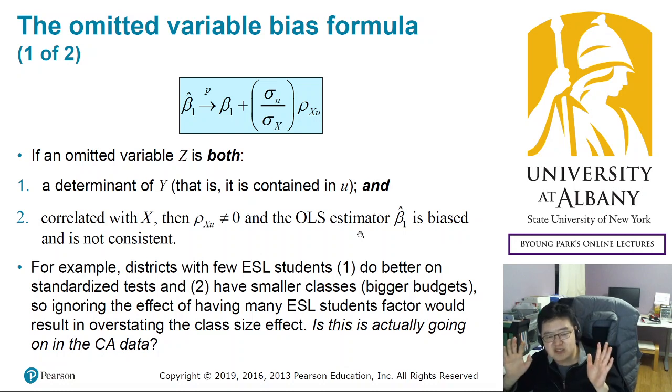Not exactly 10 points, but it should be less than that, considering the bias. But how, I don't know. No one knows how big the bias is. So that is another problem. And the solution is to include the omitted variable into the regression.